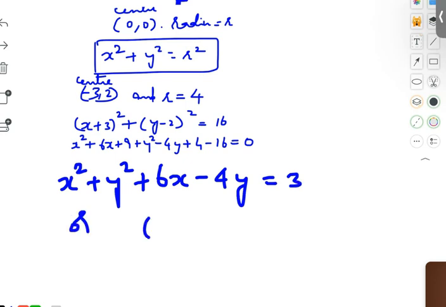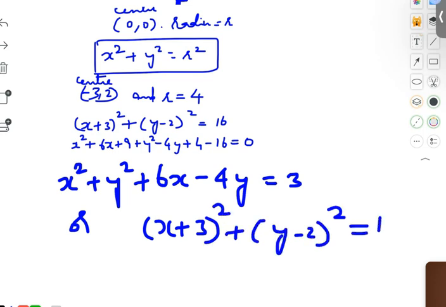Or simply, x plus 3 square plus y minus 2 square equals 16.